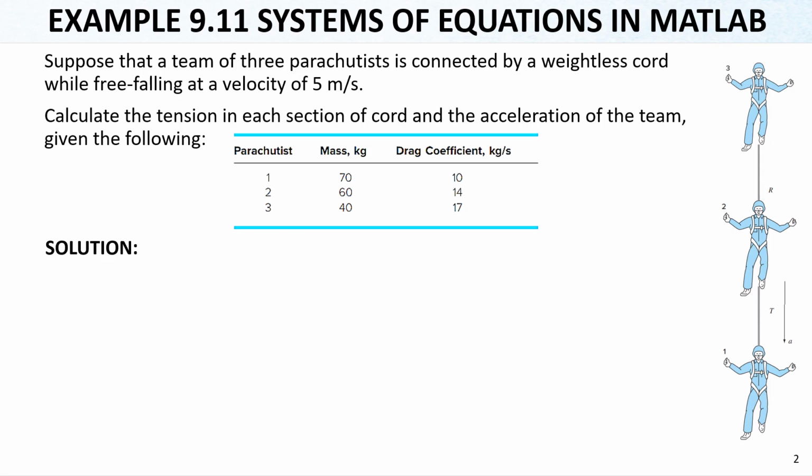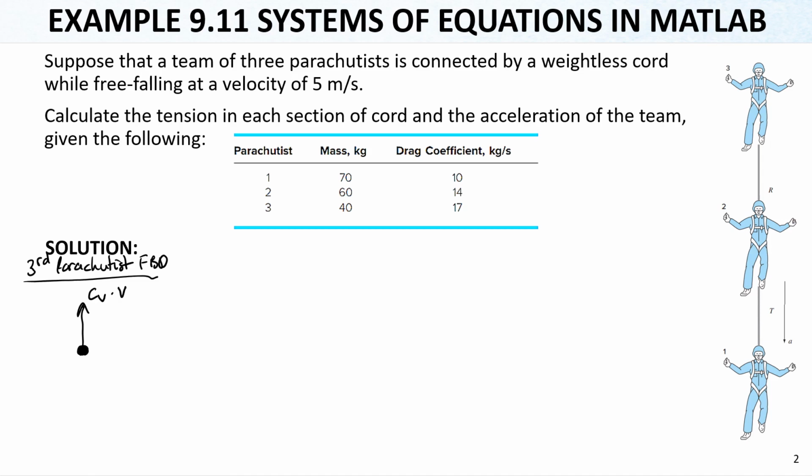Let's start with the third one. In the solution, third parachutist free body diagram. We can simplify it as a particle. We have a drag force, which is c times v.